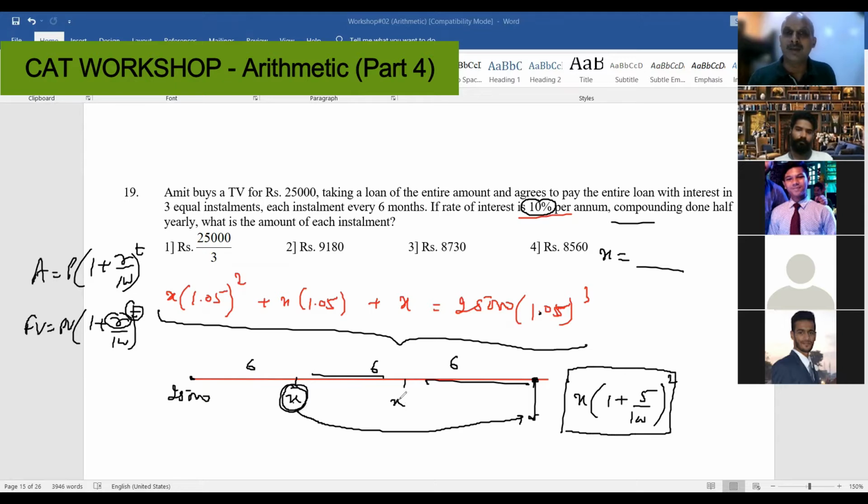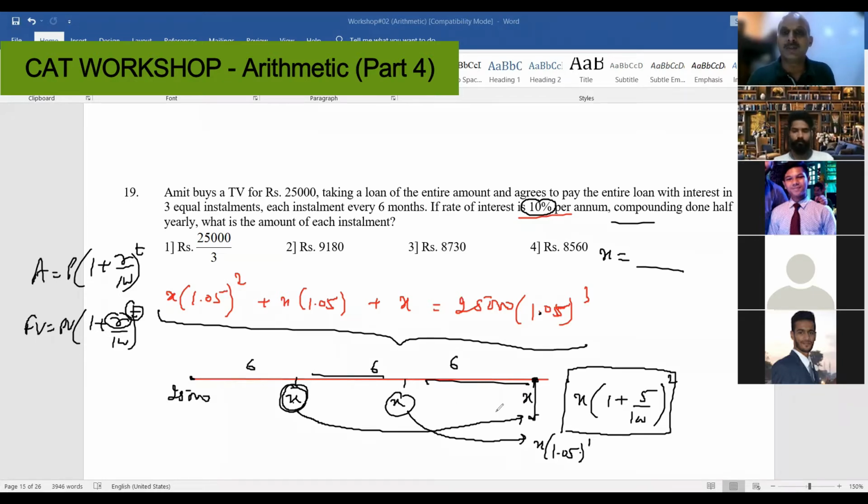And the second payment of x rupees, its future value will be what? That has only one more period left, so it will be x into 1.05 to the power 1. Isn't it? And the third payment of x rupees, as it is.